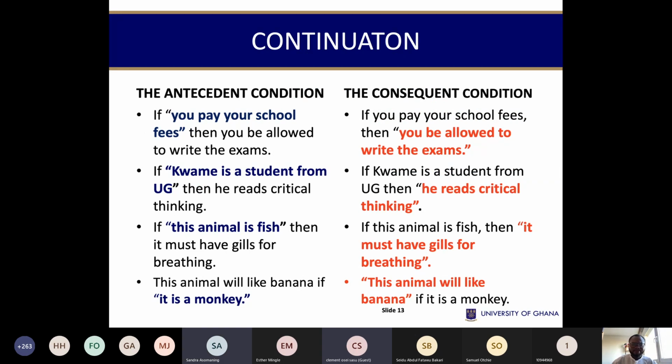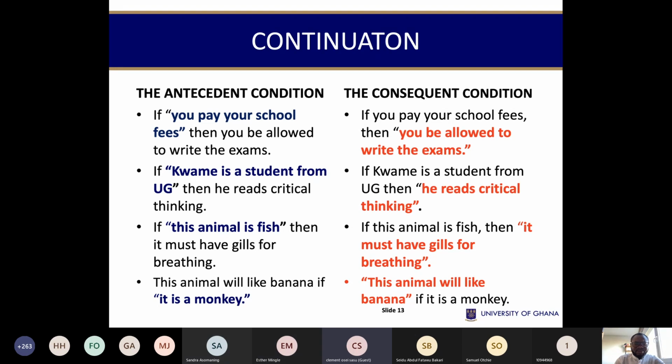All right, so you have some examples here. Anytime you want to see if the statement you have is a conditional statement, ask yourself if you can put if in front of the first statement, then in the middle you insert then, to see if it will make sense, to see if a condition must be satisfied before the conclusion or the consequence would follow.